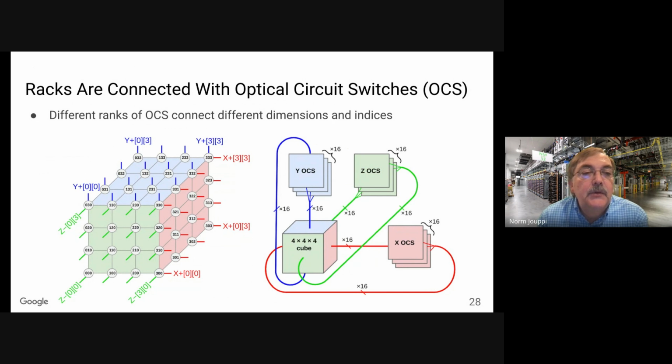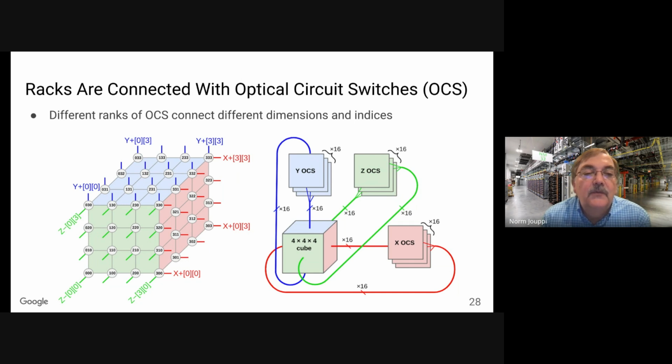Let's say a few more words about the OCS switch. So each rack in the V4P is conceptually a 4x4x4 cube. And so if you look at it, you have 16 connections coming out in each direction on each side of basically an accelerator.